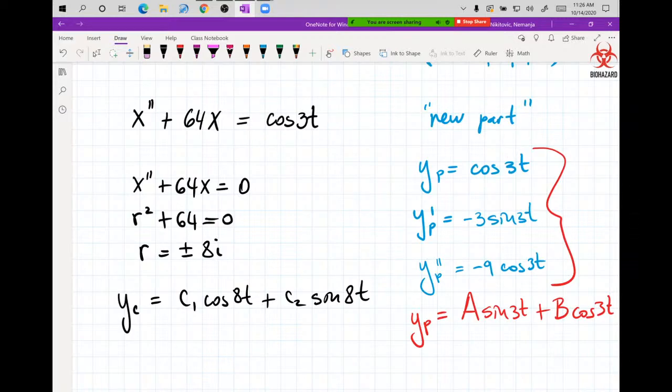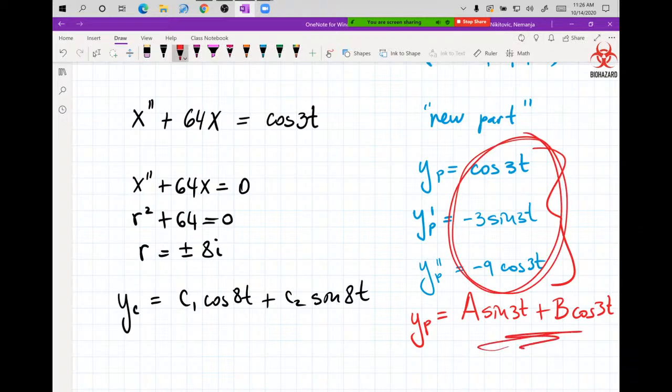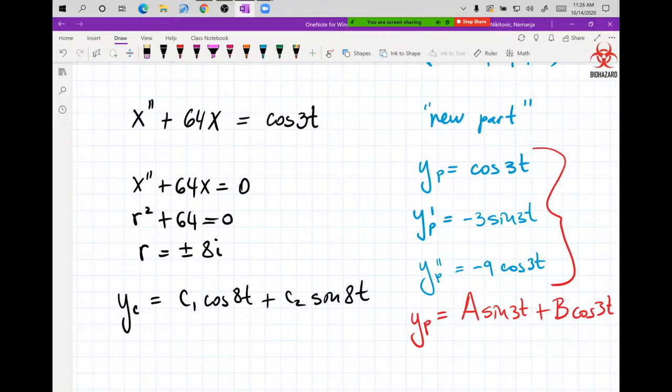Once you come up with all possible derivatives, the way to put all of them in one bag is to say, well, they all have sines, they all have cosines, and they all have different numbers in front. You see, this cosine 3t has a coefficient of 1, and this cosine 3t has a coefficient of negative 9.